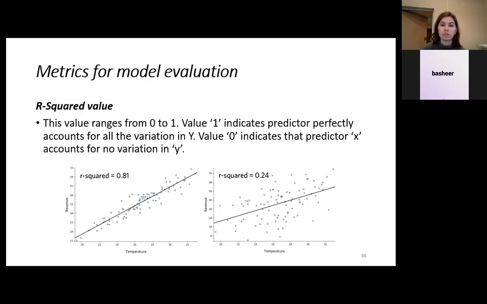And it indicates how well your predictor expresses variations in the response. So it's actually part of the variance. It means that 81% of the variance may be expressed by the predictor. So 81% of the revenue may be expressed by the temperature.